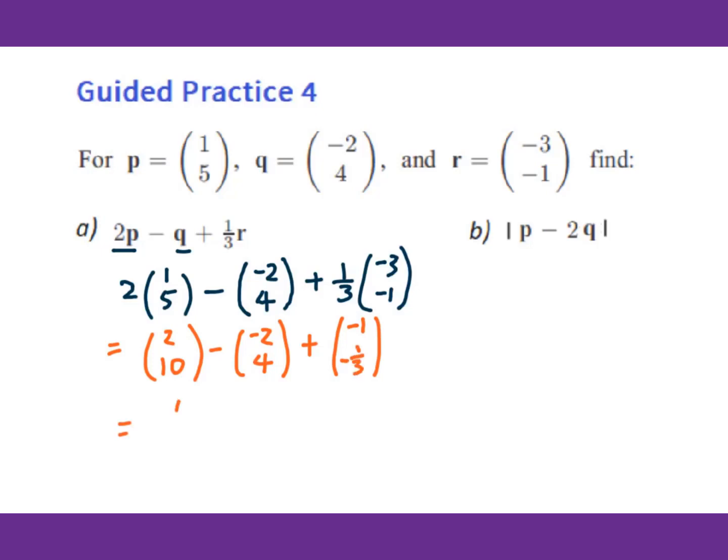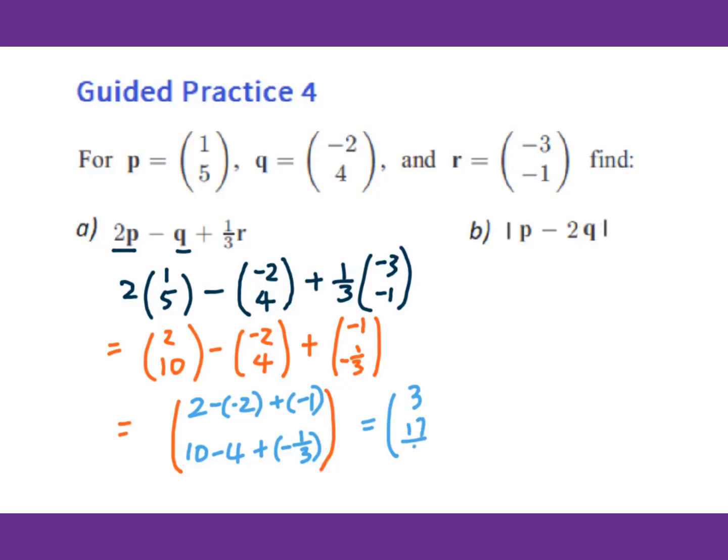Then we will do addition or subtraction of the corresponding components. So we have 2 minus negative 2 plus negative 1, and 10 minus 4 plus negative 1/3. You will get, this is 4 minus 1 is a 3, and 6 minus 1 over 3, that will be 17 over 3.